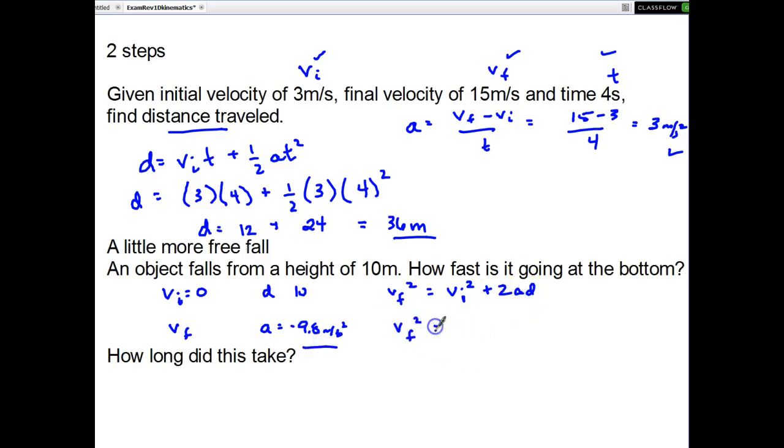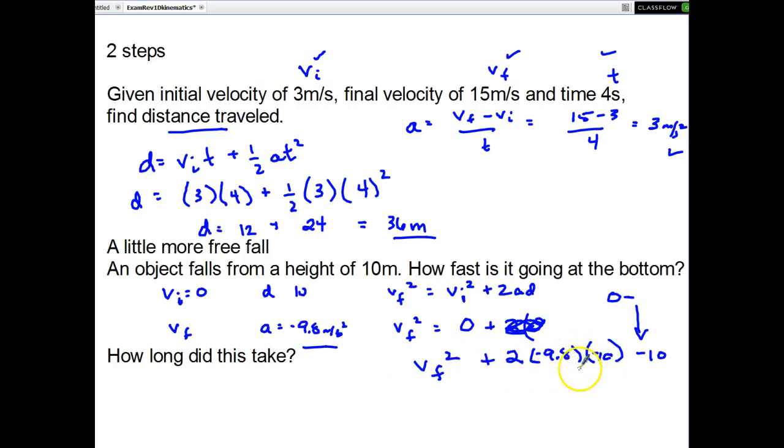So VF squared equals 0, it falls from rest, plus 2 times negative 9.8, and our distance is negative 10, because it's going to fall from 0 down to negative 10. So our displacement is a negative value. It's moving in a negative direction. And that's how our sign is going to work out.